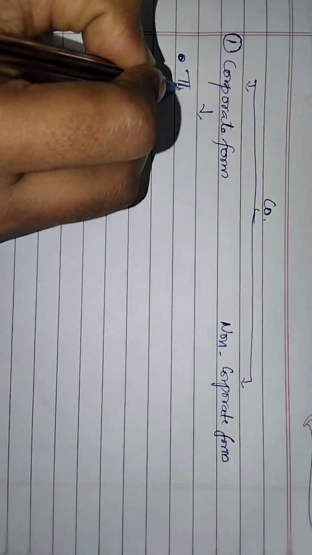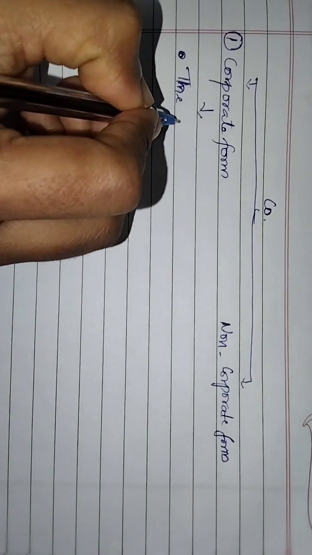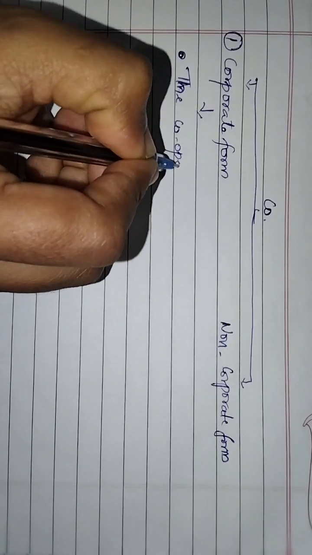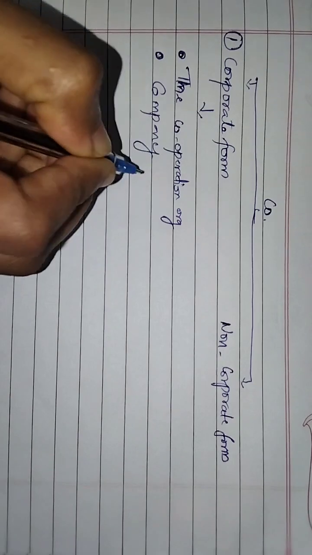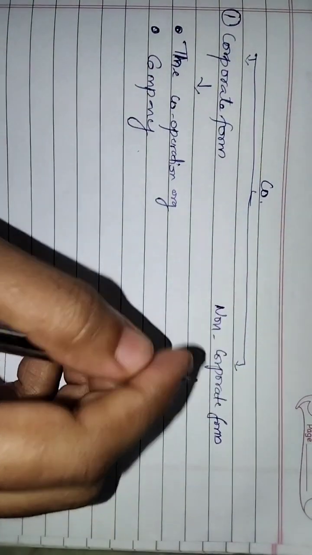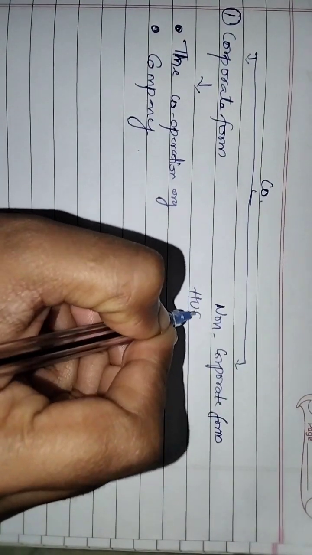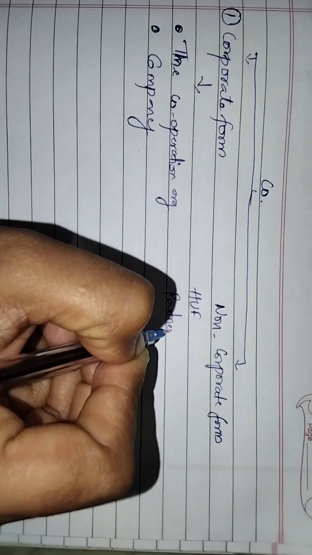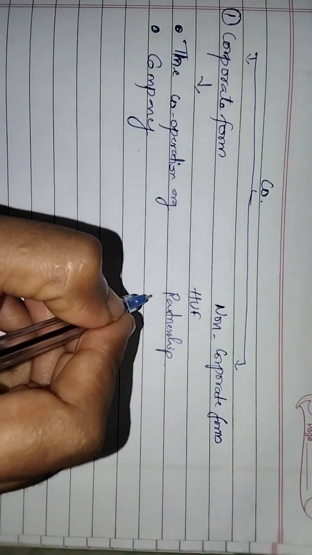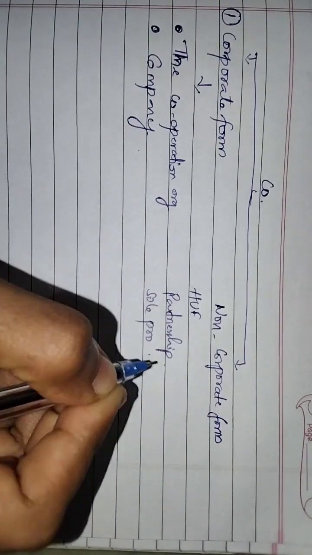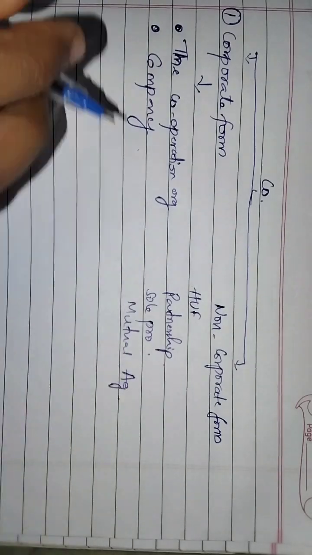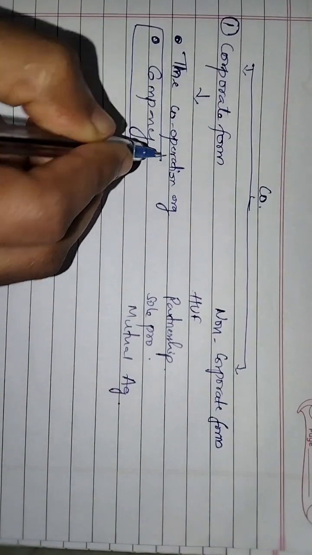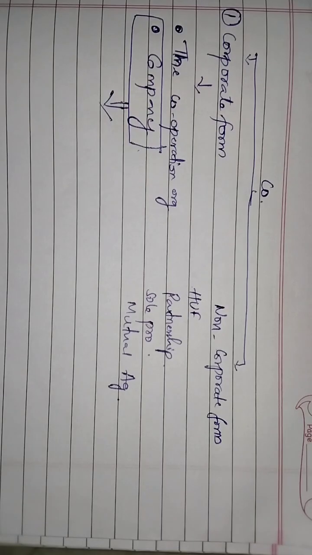The corporate organizations, and in this we include the company. What does non-corporate form mean? Here come the HUFs, partnerships, sole proprietors, mutual agencies. We are going to study about the company right now.